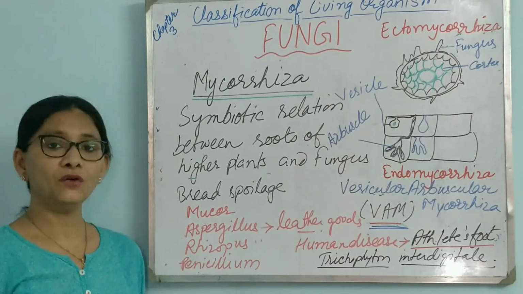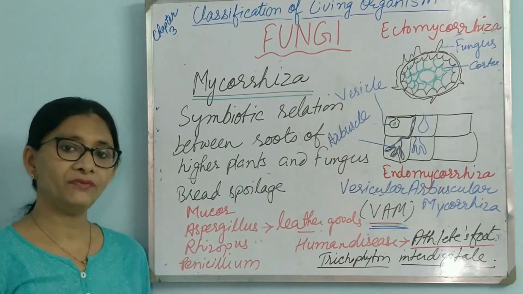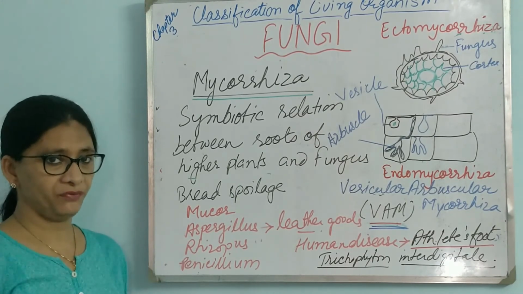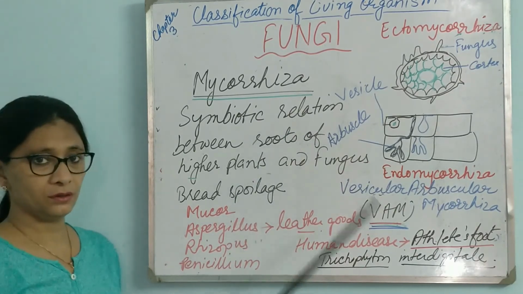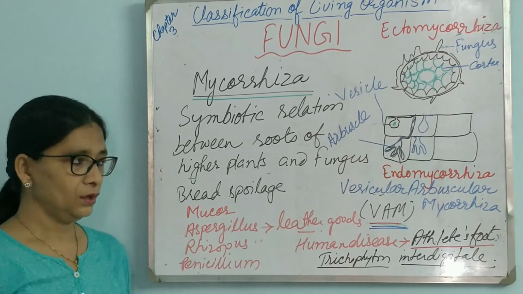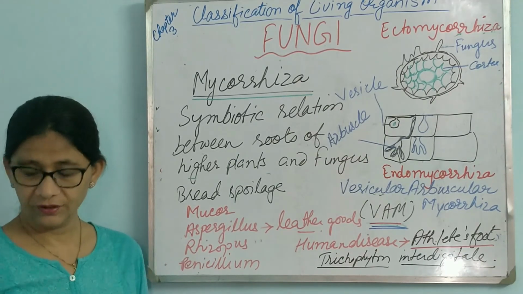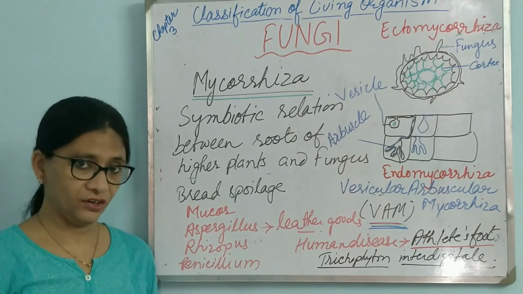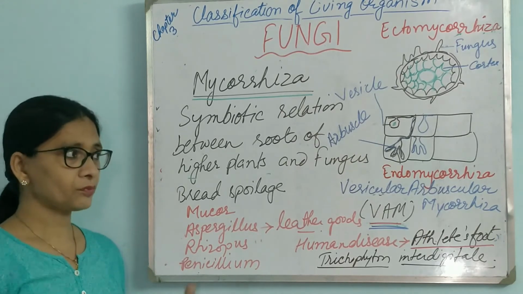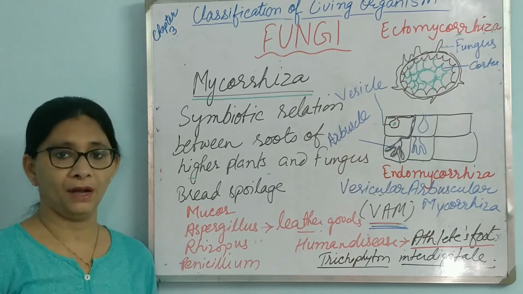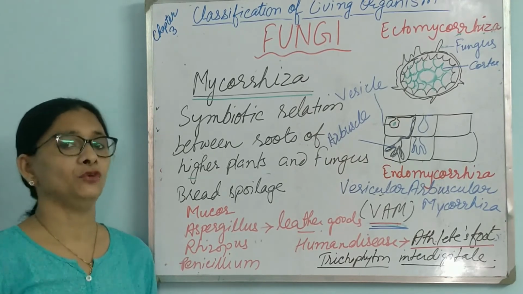Yes class, now we are discussing the good effect and bad effect of fungus. To talk about the good effect, the most important feature that comes to mind is mycorrhiza. Mycorrhiza is a symbiotic relationship. It's a good side of fungus. Here it makes a symbiotic association with roots of higher plants like gymnosperm and angiosperm.